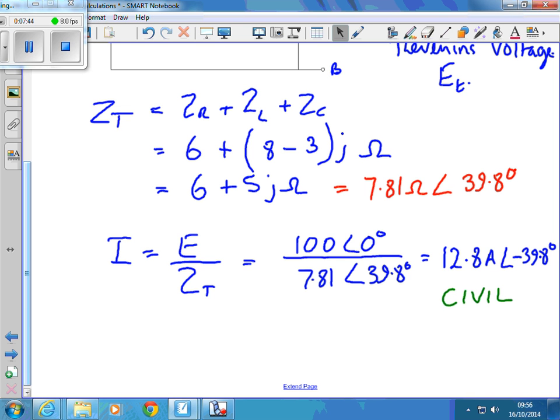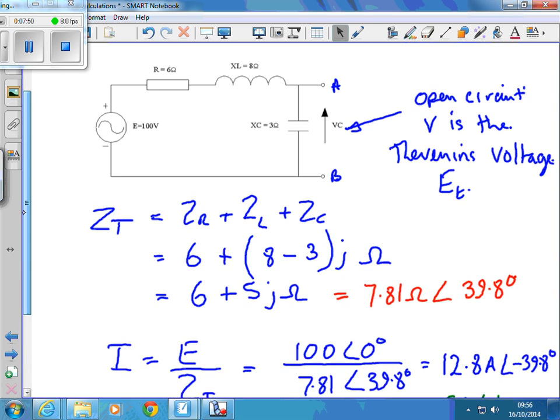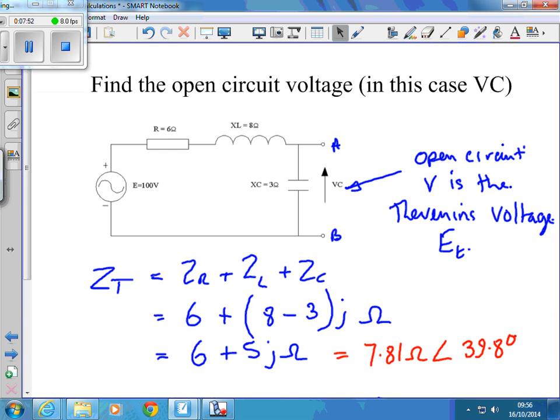So now we've got a current. What can we find now? We now know this. So can we find VC? Yeah, because we can do I times XC, can't we?